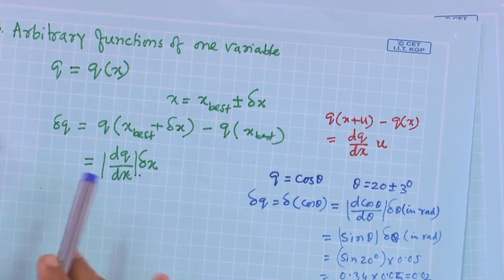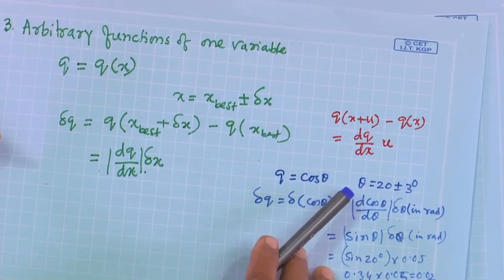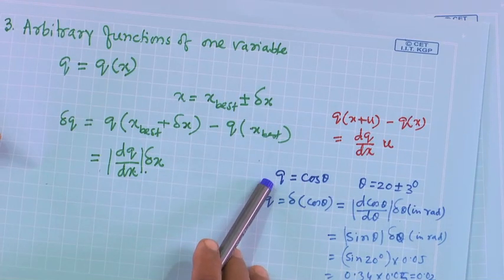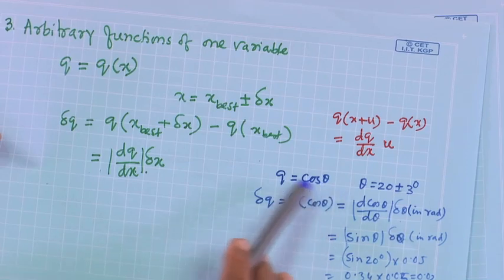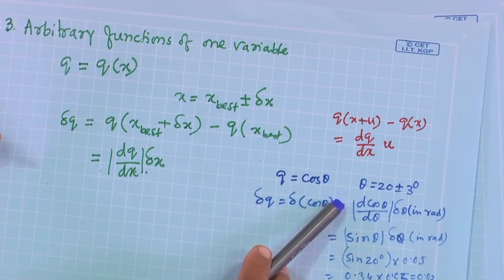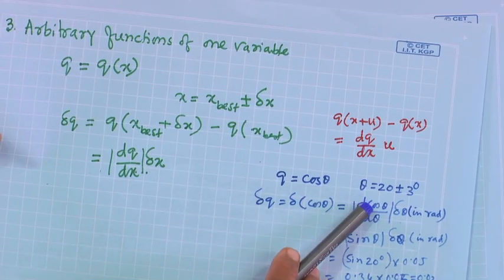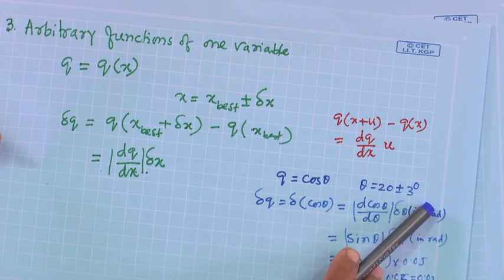For example, if q equals cos theta, the physical parameter q is a cos function of theta. We measure theta, and say theta equals 20 plus or minus 3 degrees.